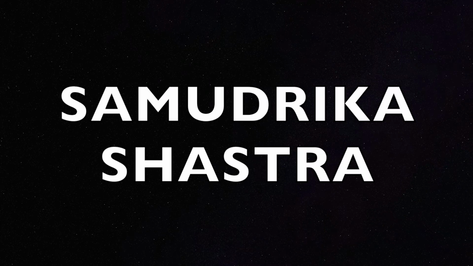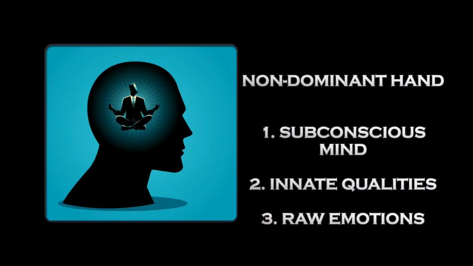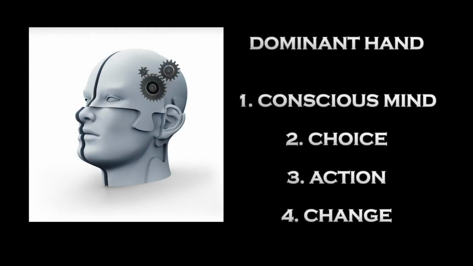According to Samudrika Shastra, the non-dominant hand indicates the subconscious mind, innate qualities, and raw emotions of a person, while the dominant hand reveals the conscious mind, our choices, changes brought about by the owner of the palm through his or her own actions.